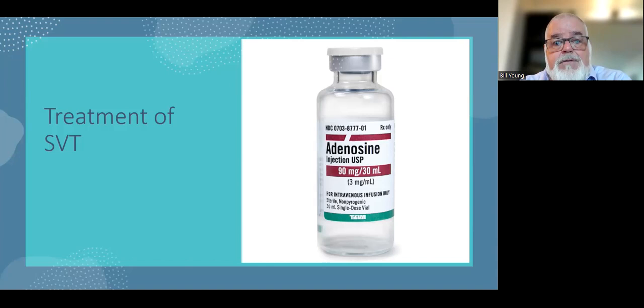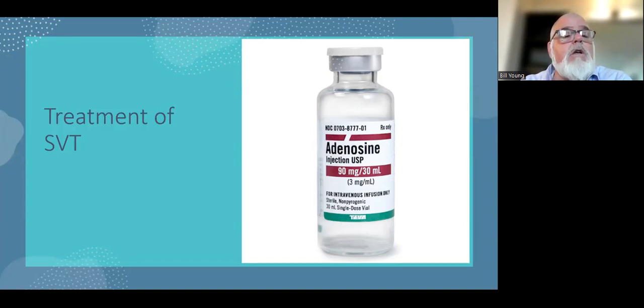So get the largest vein that you can start. If you can get a 16, I rarely recommend that you would use a 16 on your cardiac patients. In this one, if you can get a 16 in your patient, if their vasculature allows that, then definitely go for a 16.